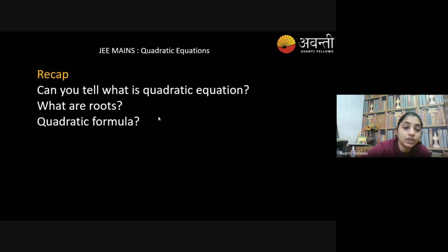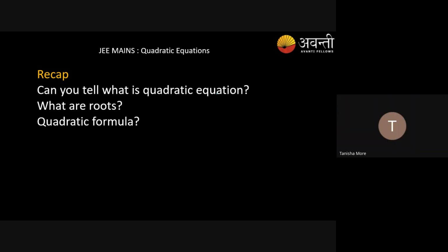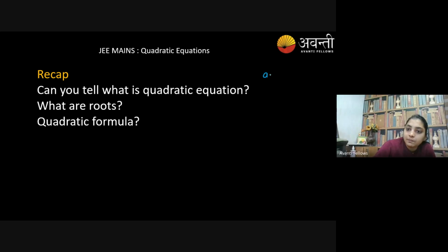When we are talking about an equation, it means equals to is there, that is, the expression equals 0, right? When you say any equation ax square plus bx plus c, you can see that the maximum power is 2. So when the maximum power is 2, it is called a quadratic equation.